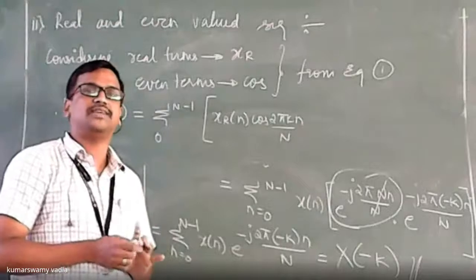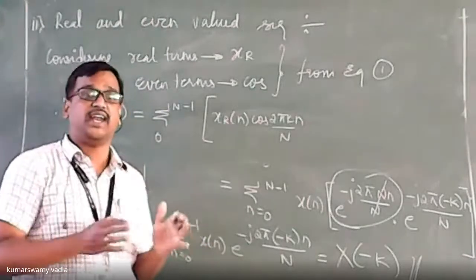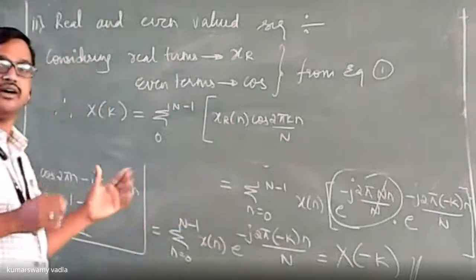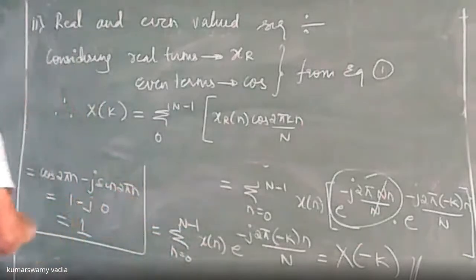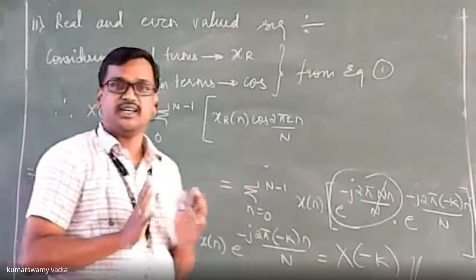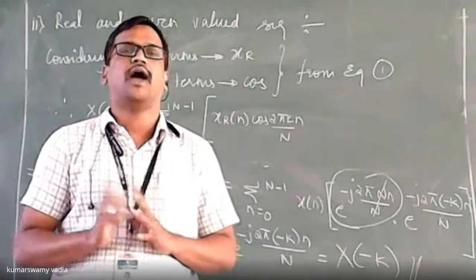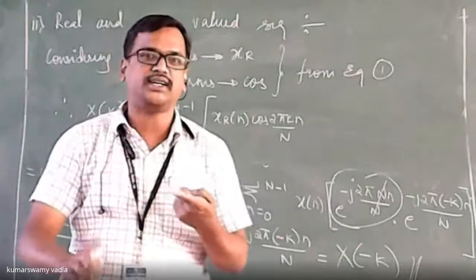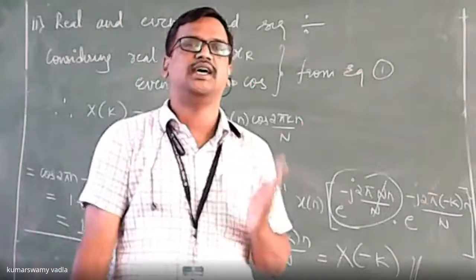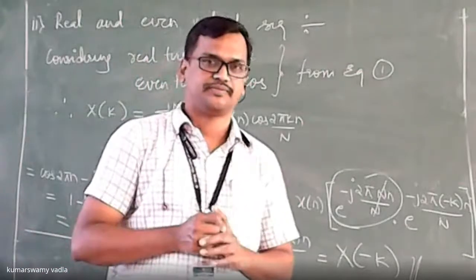Is the point clear, please? Third part is also neglected. What about fourth term, please? xi of n sine 2 pi kn by N. Again, both xi also should be neglected, sine also should be neglected. Yes or no, students? Yes, sir.